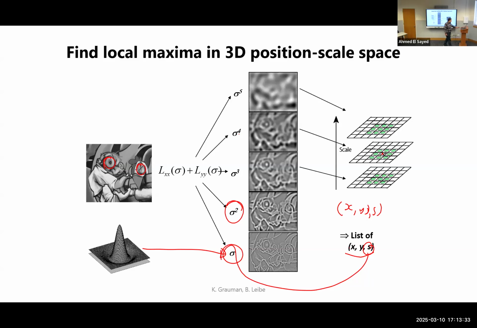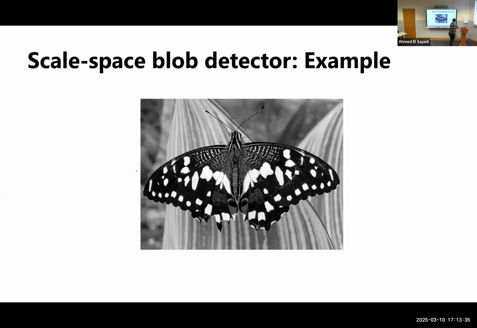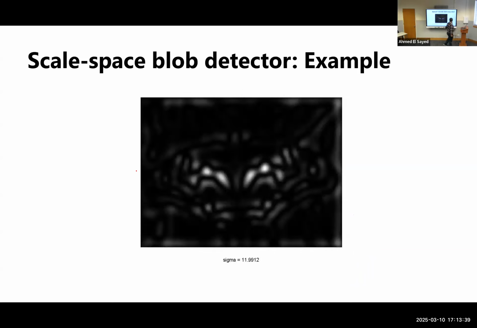So if we have image like this, we can easily calculate several values of sigma for this image, and we find the maximum and minimum and put the record for this location with this maximum and minimum values, then compare with the three of them. Not three, many, multiple of them.